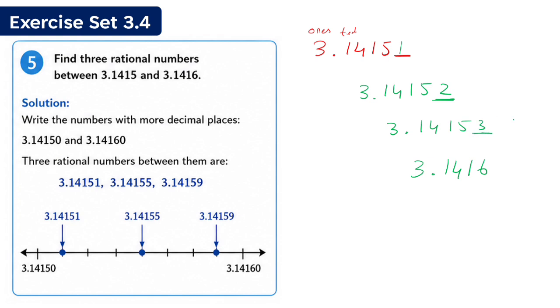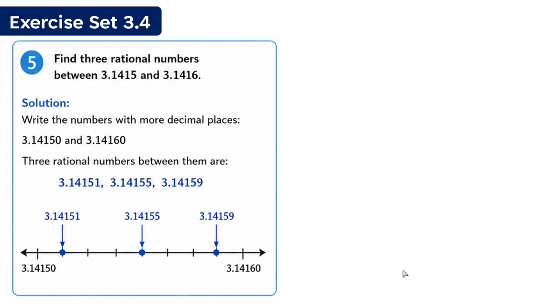So you can see, by increasing the place value, we can write as many decimals as possible. Since you just have to write three rational numbers, these are enough: 3.14151, 3.14152, 3.14153. And hence you can write an infinite number of rational numbers between any two given rational numbers, because rational numbers are dense. You can just keep writing numbers forever.